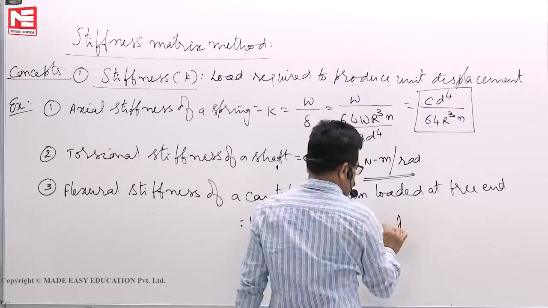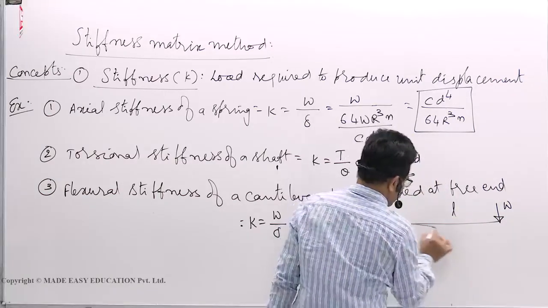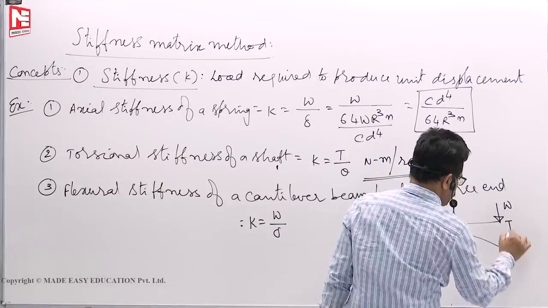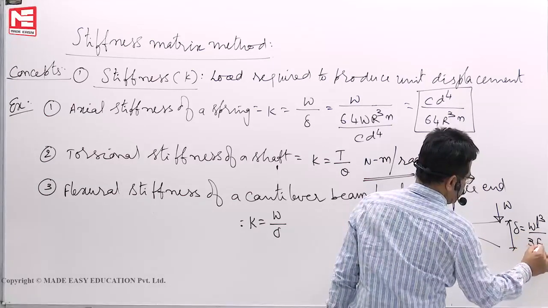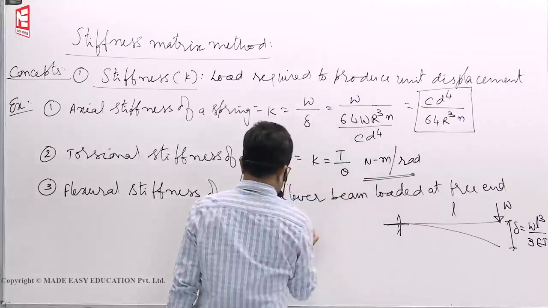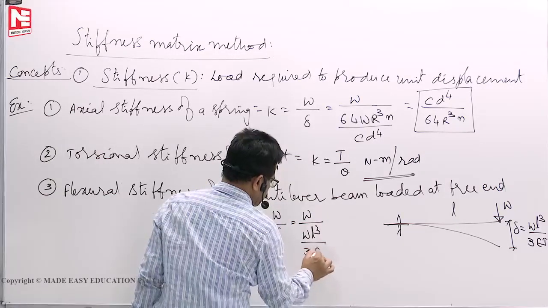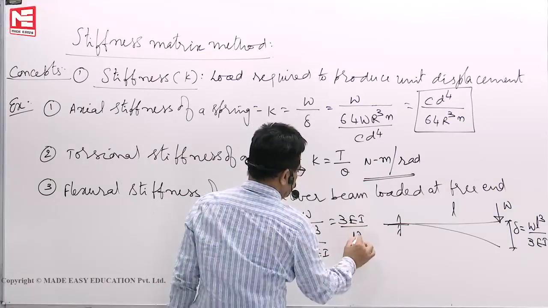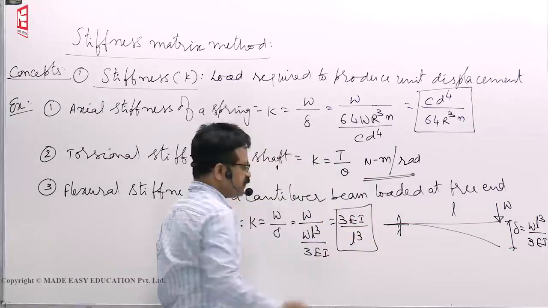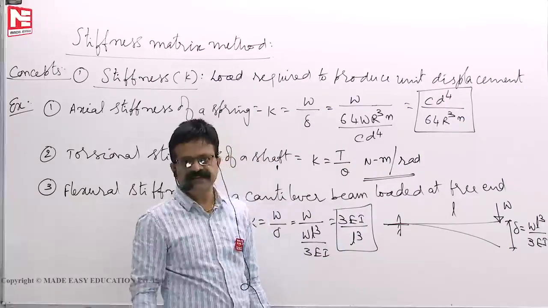Now you see this is the load W, length is L, it deflects, this is the delta. This is WL cube by 3EI. So W by delta means W by WL cube by 3EI. So you will get 3EI by L cube. This is the flexural stiffness of a beam subjected to point load at the free end.